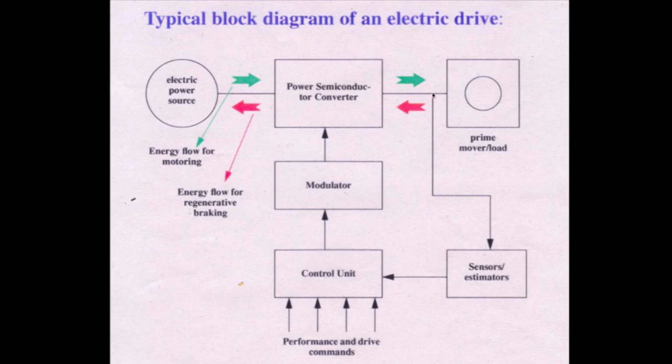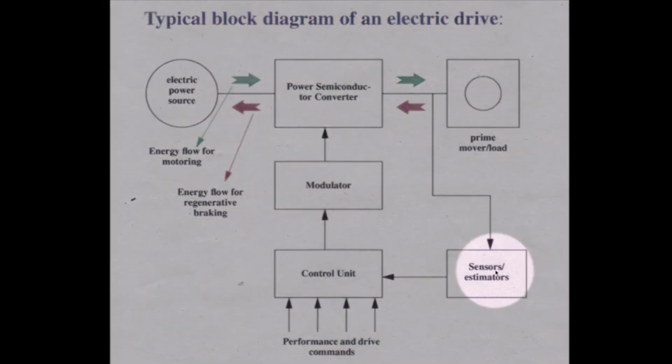You will be sensing the motor terminal parameters like the terminal current, the stator currents, and the stator voltages. Either the hardware physical sensors sense the currents and the voltages, or you will be having estimators to do the job, and there will be a control unit.